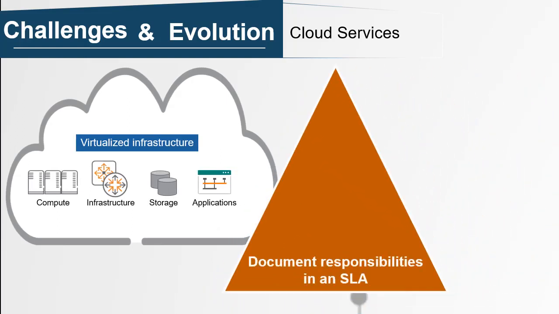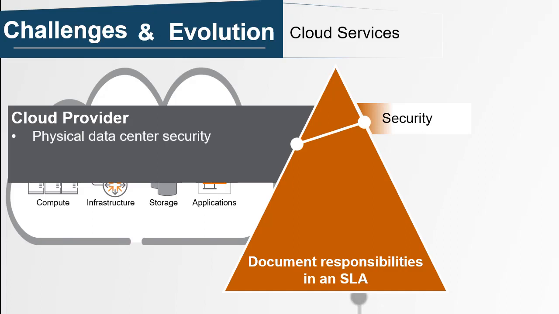Depending on the deployment and vendor, both the provider and customer have security responsibilities, which should be written in a service level agreement, or SLA, or otherwise formalized, starting with security. In general, cloud provider responsibilities are physical data center security, cloud platform security, especially as it relates to hardware, software, and the network.